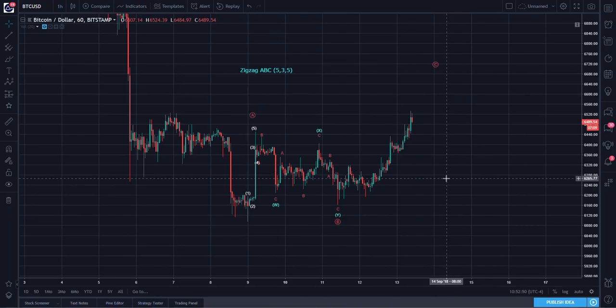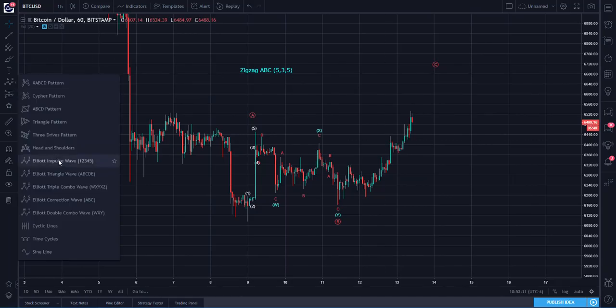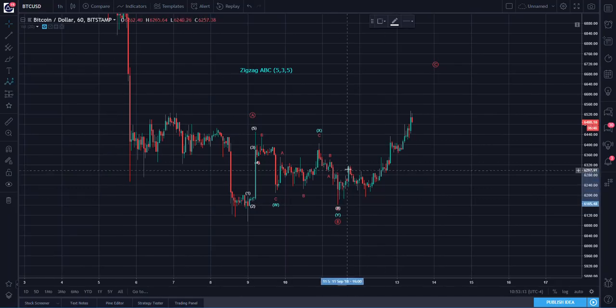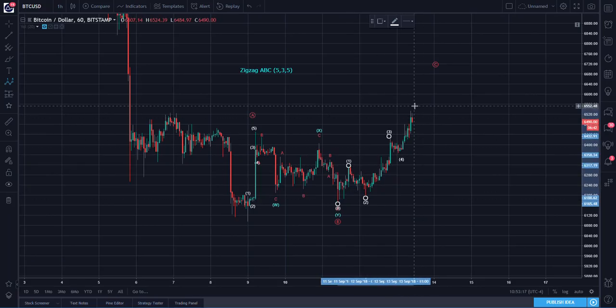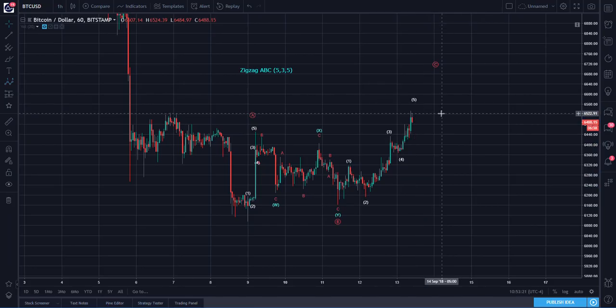And that C wave has to be in 5 subwaves. And these 5 waves could say that we are at 1, 2, 3, 4, and 5. In other words, we are either done or pretty darn close to it. So this will be one scenario.